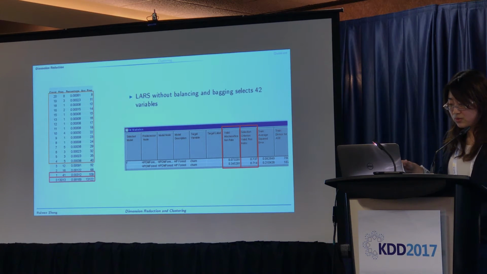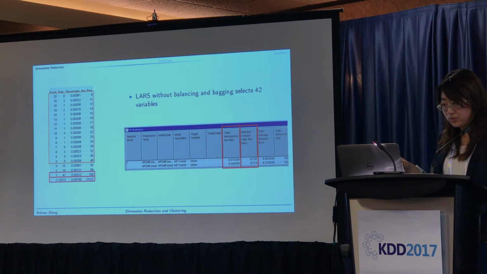And we built a random forest on each set of features and compared the model predictions. The table on the right side is the fit statistic table. You can see that the ensemble variable selection outperforms in terms of the ROC index, which is the area under the ROC curve.